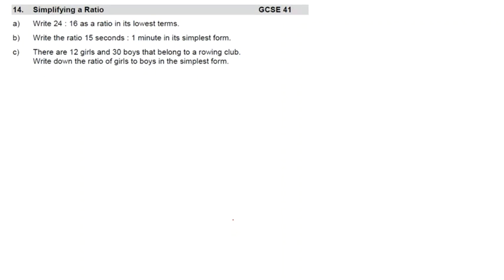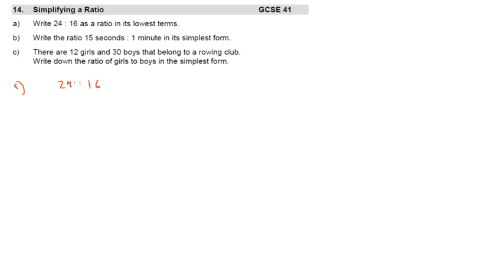Last one then, simplifying a ratio is just like simplifying fractions, okay? Look at question A. It says write this ratio in its lowest terms. Just think, can I think of a number that goes into 24 and 16? If you can, then divide them both by that number. You could divide them both by 2.